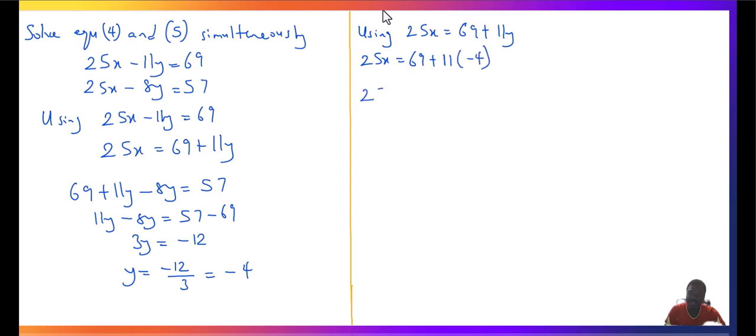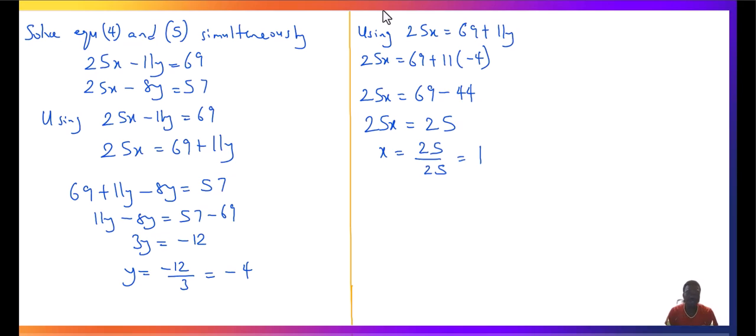I have 25x = 69 - 44. What are we going to have here? 25x = 25. So my x will be equal to 25 over 25, and that is equal to 1.